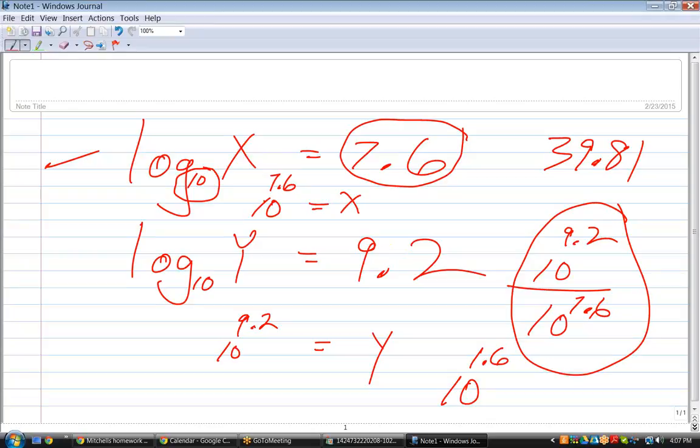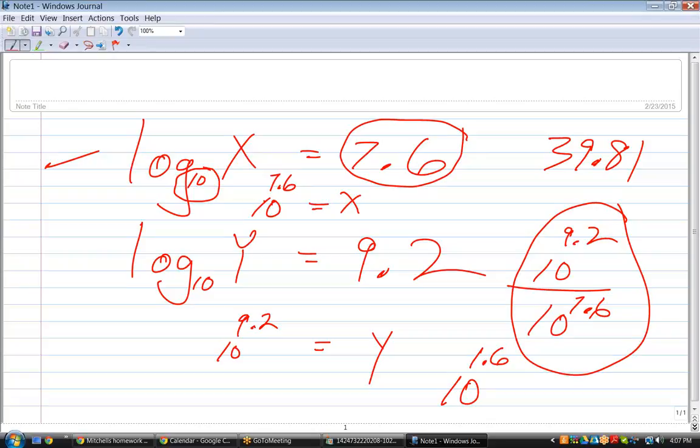In other words, doing it the way we did it, if I had a 7-point earthquake and an 8-point earthquake, then I would have 10 to the 8th divided by 10 to the 7th, which would be 10. So an 8-point earthquake is exactly 10 times bigger than a 7-point earthquake.